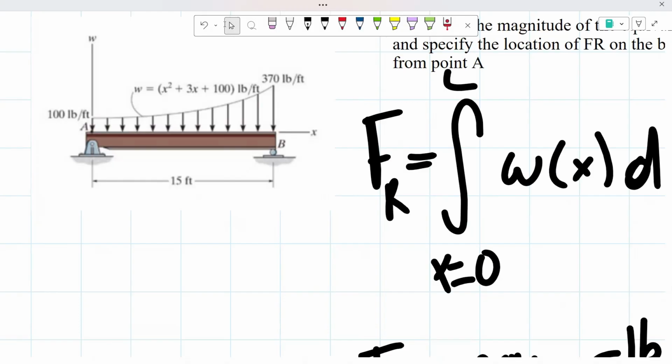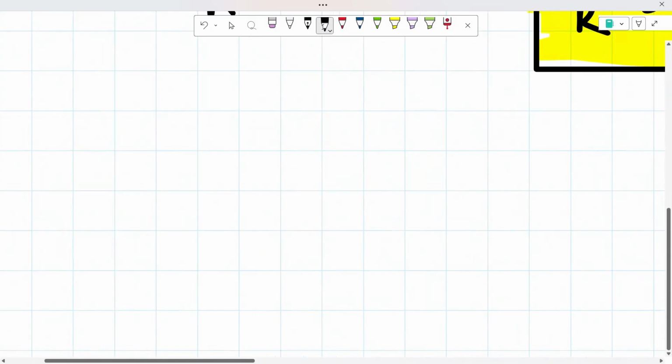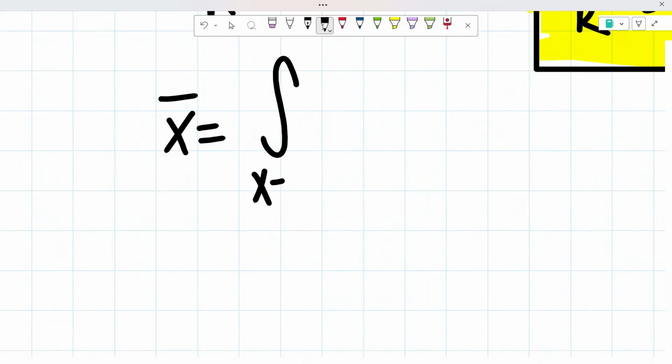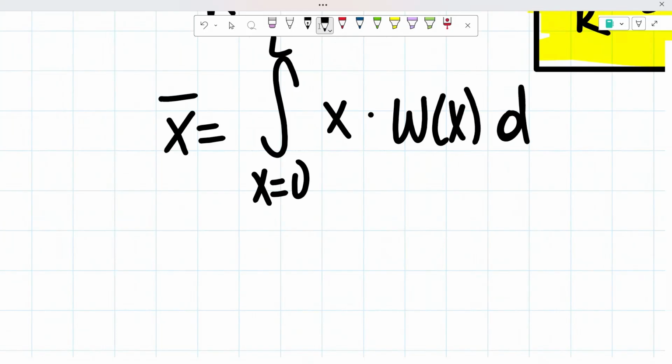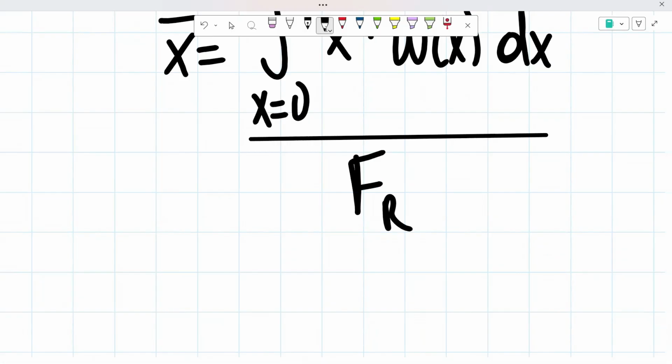So to determine the location of it, we're going to be using this equation, where the location is equal to the integral of x equals 0 to the length, or the span, of x, which is what we're trying to find. So this is like the distance times w(x) dx, which this is considered the force, all over our resultant force.